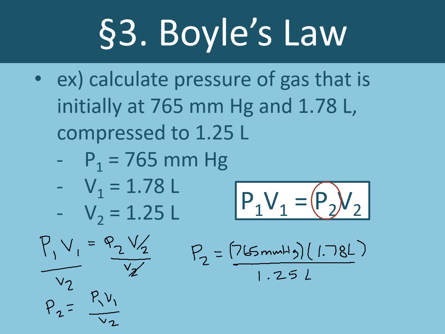Before we even do any calculations, we can check our work, and we see that liters cancel. Whenever you divide one unit by the same unit, that unit cancels. So liters cancel out, and we're left with millimeters of mercury, which is a measurement of pressure. We're trying to calculate pressure, so that's good. That's what we want.